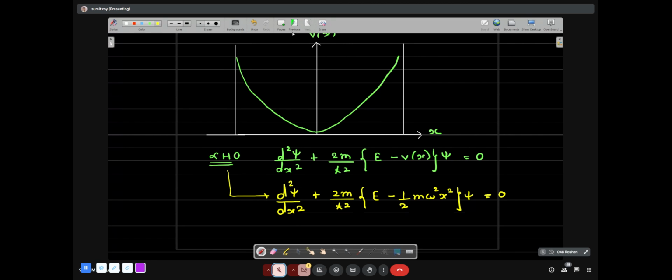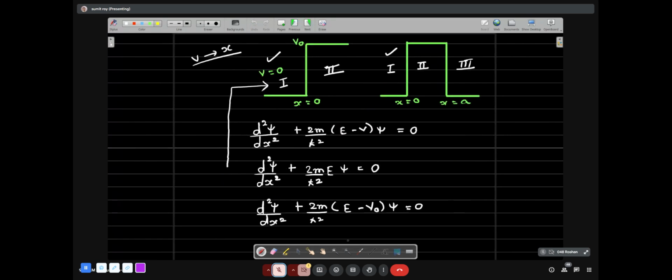Now, what difference will you feel with the previous one is that in this equation, is this entire term constant? Yes, sir. So what did we do? Remember, we wrote it as k square.